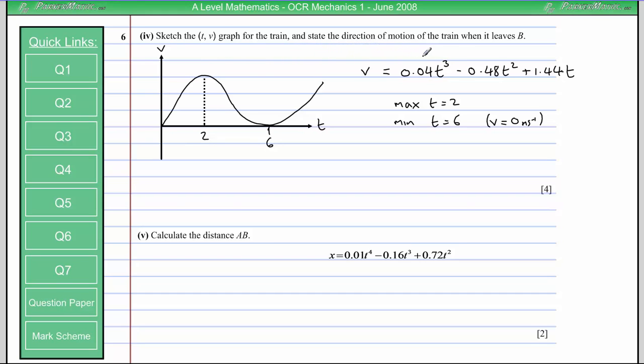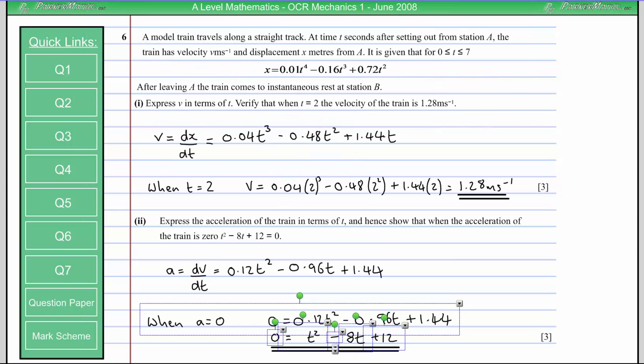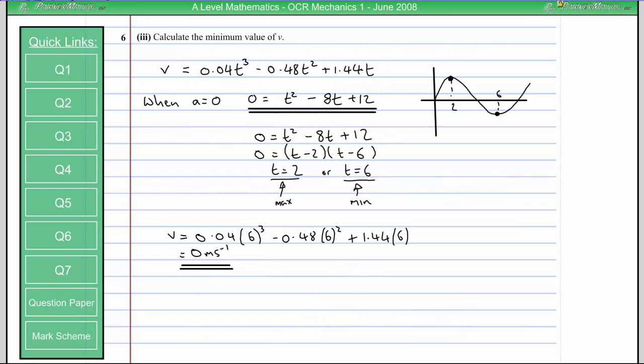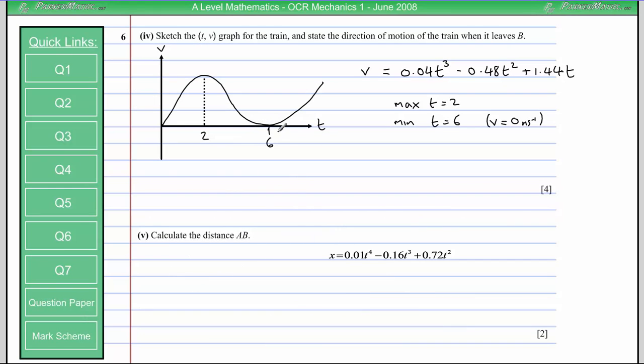We now need to state the direction of motion of the train when it leaves B. Well, it would be useful to have these points A and B on the graph. If we go back a little bit, we can see the question again, and it says that after setting out from station A, so that must be at the beginning of the graph, and it says the train comes to instantaneous rest at B. Something is at instantaneous rest when its velocity is 0.